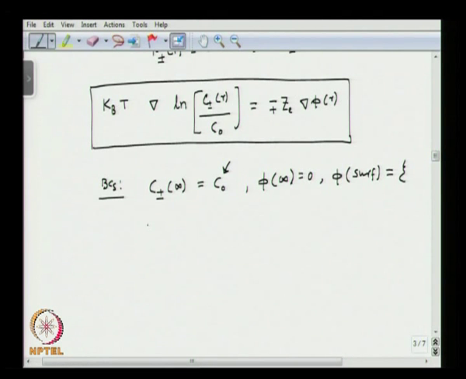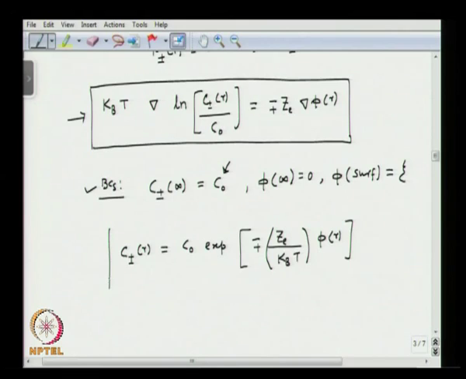So if you apply these boundary conditions on this equation, what you would get is the distribution of the ions: C plus minus r is C0 into exponential of minus plus Jd over Kb T into phi r. So this is the distribution of the ionic density.